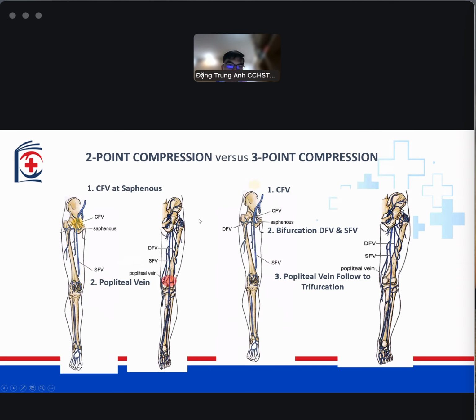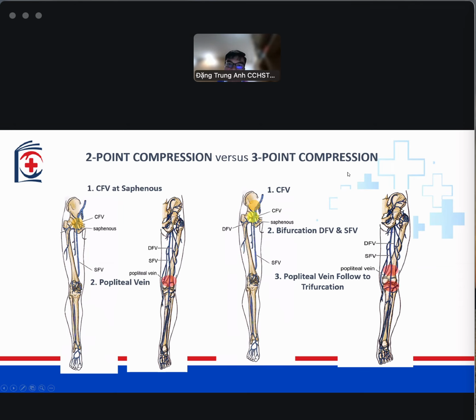So we have two methods for assessing DVT with bedside ultrasound: the 2-point compression or the 3-point compression. For the 2-point compression, we do the ultrasound at the CFV in the Stephanos position, and the second position is in the popliteal vein.